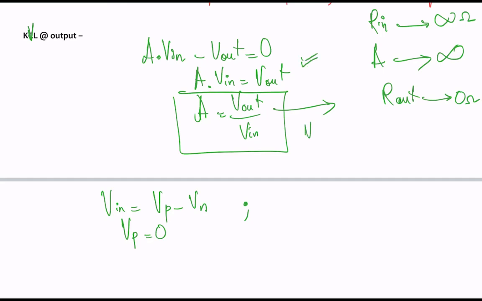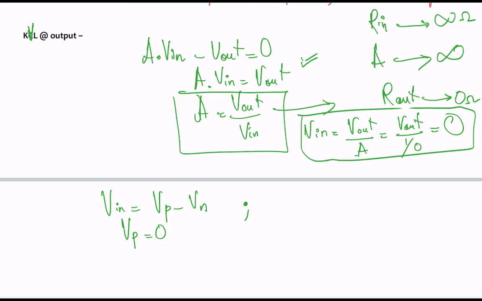So if I put that number in this equation right here, say V in equals to V out over A, correct? A being infinity, V out over infinity is basically 1 over 0, right? So this whole thing will be 0, correct? So Vn is going to be 0, okay?